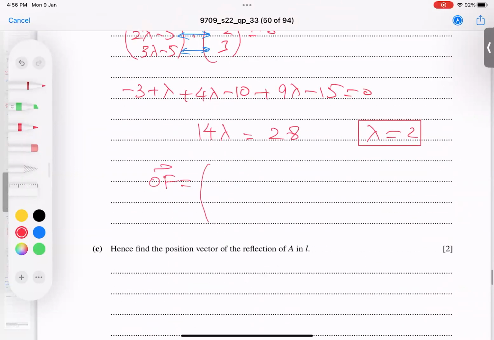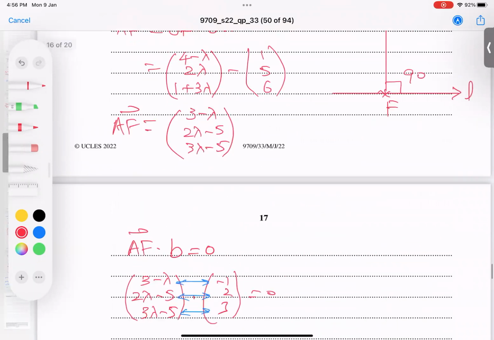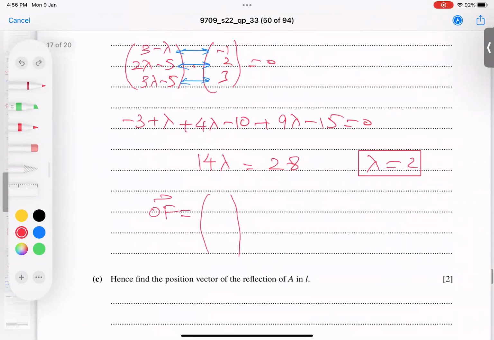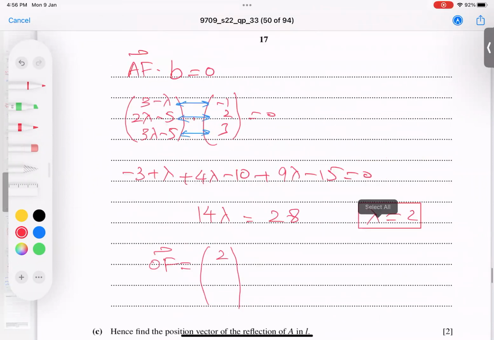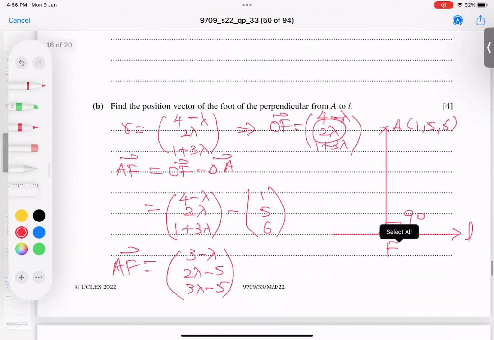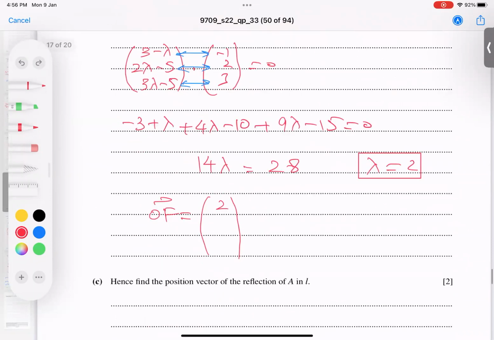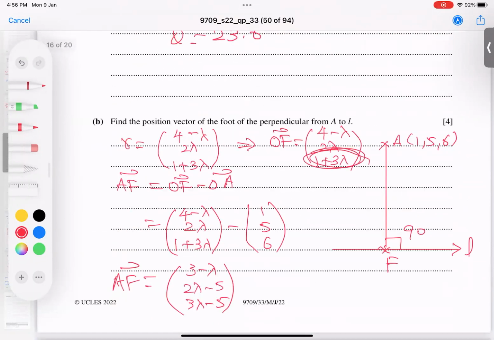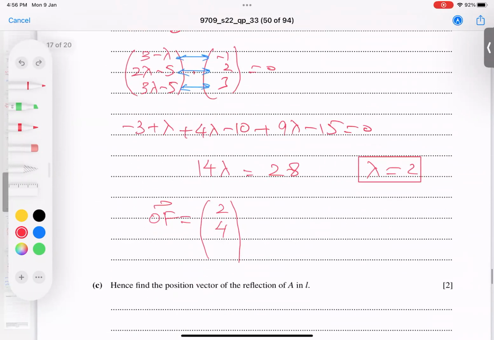When I plug in 2 here, 4 minus 2 is 2. And when I plug in the lower point, 2 into 2 becomes 4. And last, when I plug in here, 6 plus 1 is 7. So Alhamdulillah Rabbil Alameen, I got my final answer for the position vector of the foot of perpendicular.